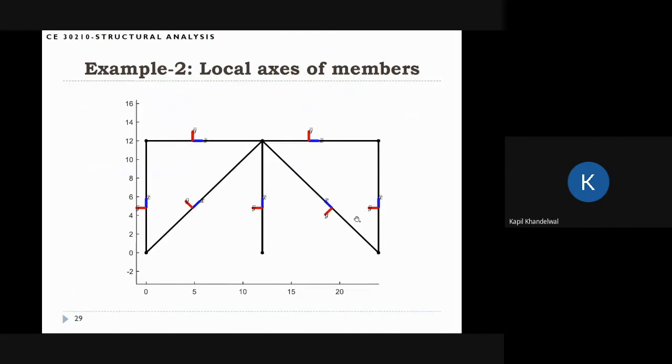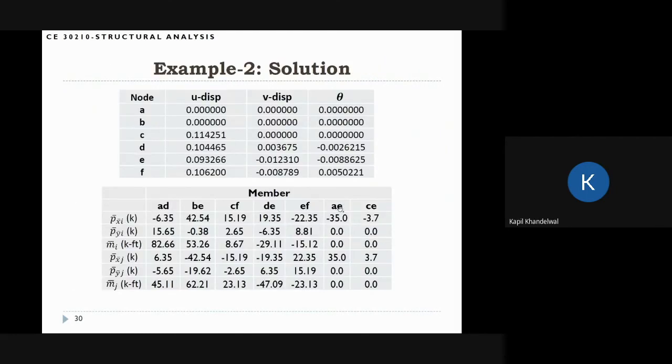The last two force columns are the forces in the brace members. If you think carefully, pxj is 35, so this member is under tension. So member A is under tension, and member C is also under tension. So these two braces are under tension for this system.